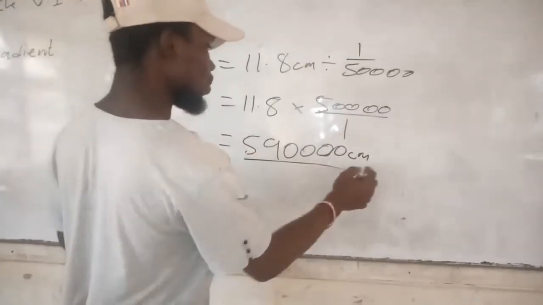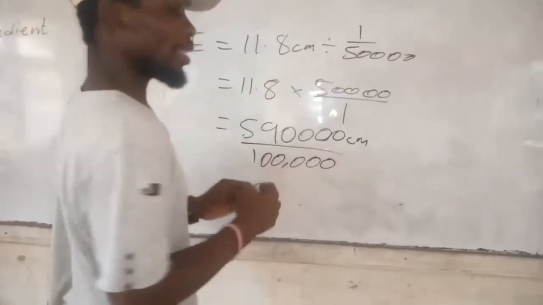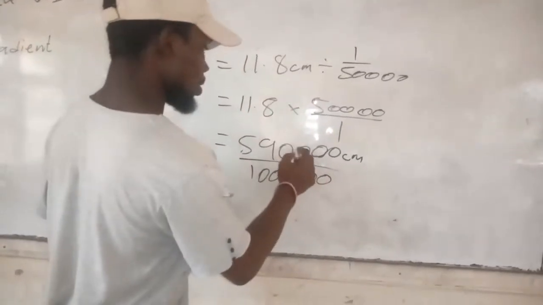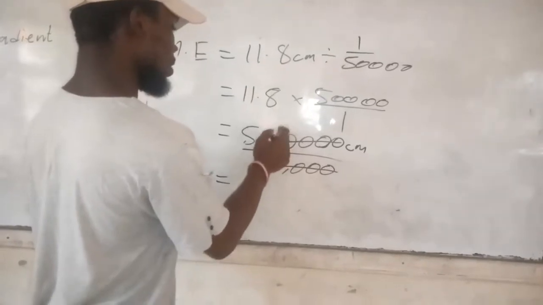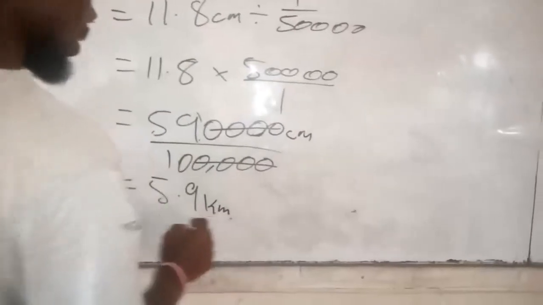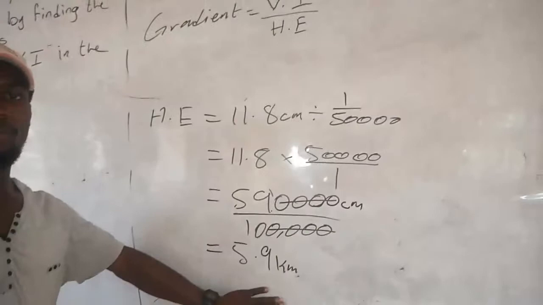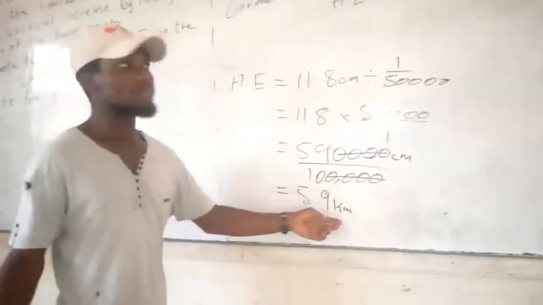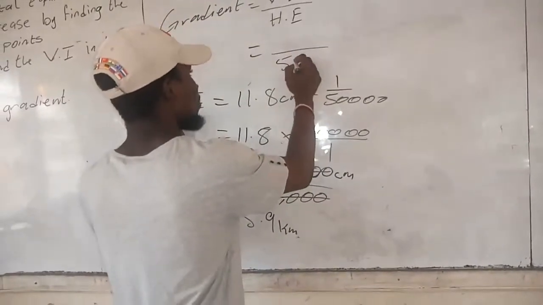Let's convert to kilometers, so we divide by 100,000, because 100,000 centimeters gives us 1 kilometer. Cancelling the zeros, it comes to 5.9 kilometers. So this is our horizontal equivalent, the distance from point A to point B on the ground. So we insert it in our formula, 5.9.